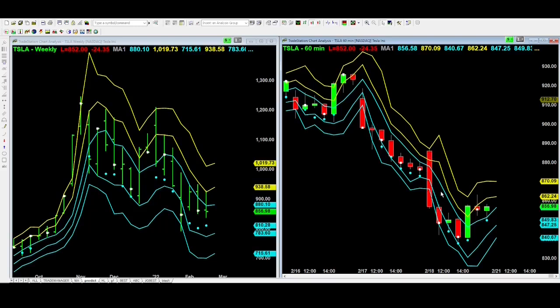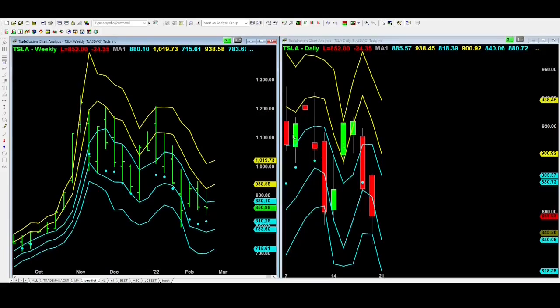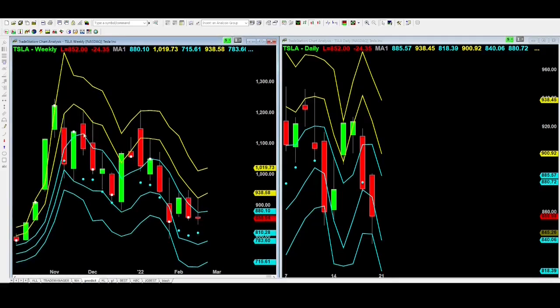If you can take advantage of this big drop, you can maybe short the stock. This candlestick chart can be applied to any chart. For example, this is a weekly chart. You can turn this bar chart into a candlestick chart for any time frame.